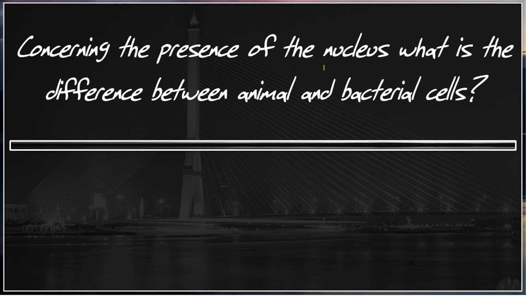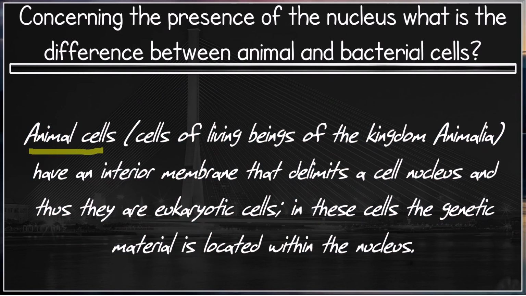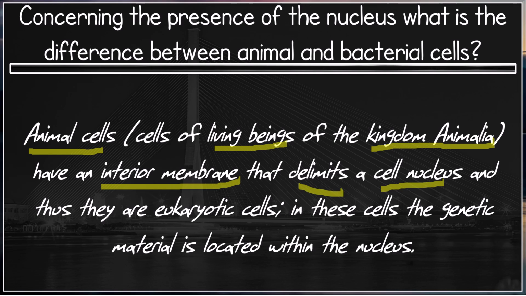Concerning the presence of the nucleus, what is the difference between animal and bacterial cells? Animal cells, cells of living beings in kingdom Animalia, have an interior membrane that delimits the cell nucleus, and thus they are eukaryotic cells.